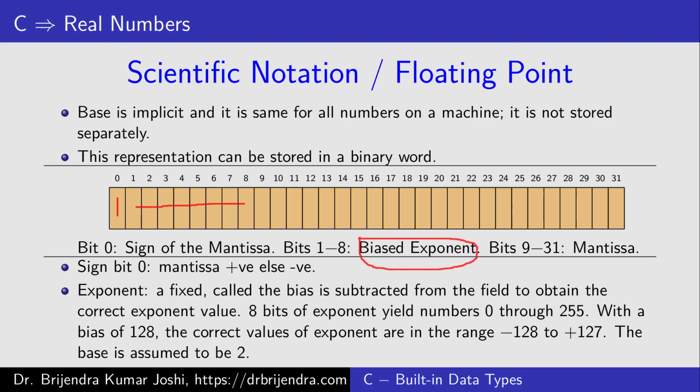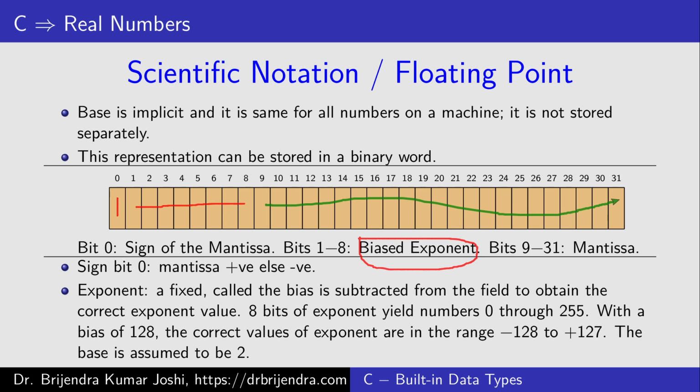And bits 9 through 31 represent the mantissa. So here it is the sign of the mantissa. Bits 1 through 8 are the biased exponent, base is not stored, and bits 9 through 31, these bits from here up to and including this, represent the mantissa. So as I told you, if the sign bit is 0, mantissa is positive, otherwise it is negative.